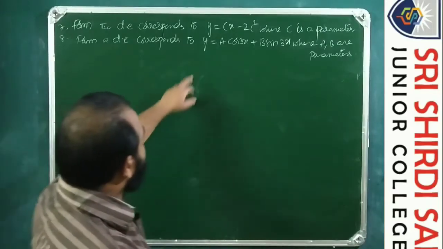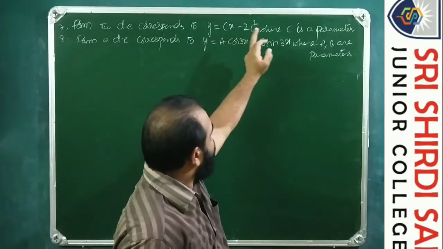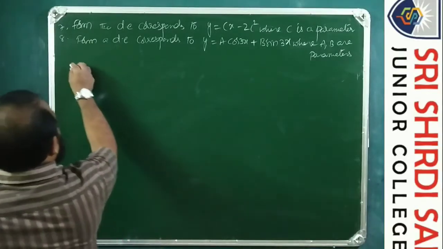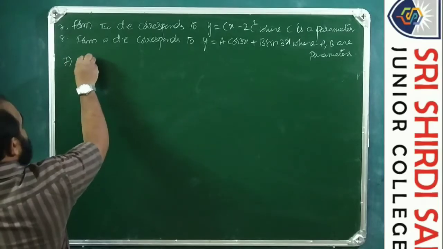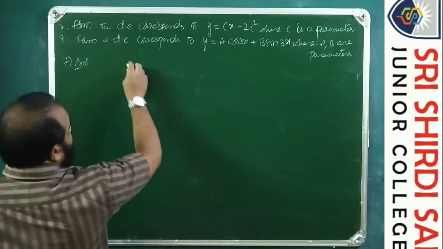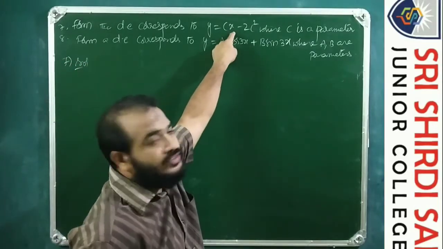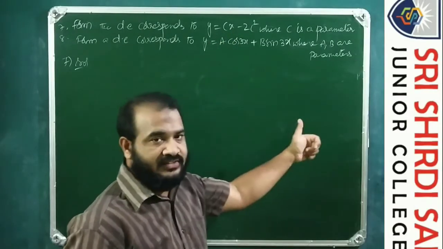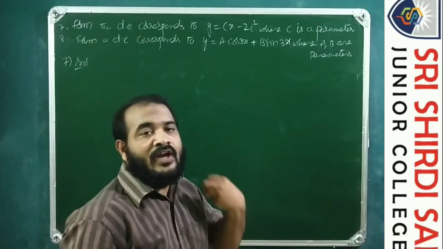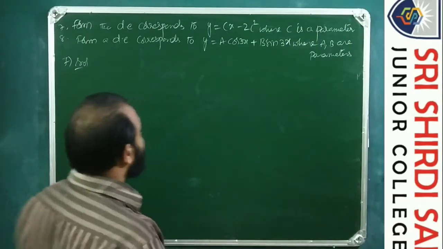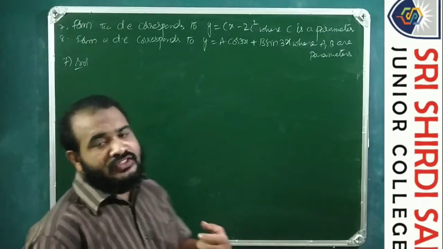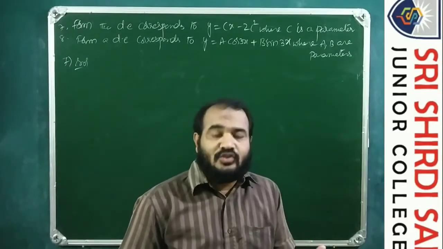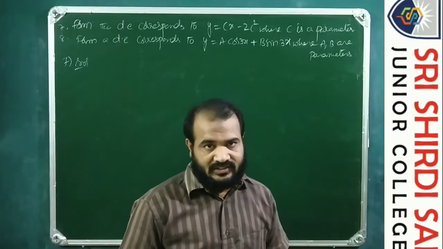Form the differential equation corresponding to y is equal to cx minus 2c square, where c is a parameter or arbitrary constant. Since it has only one arbitrary constant, we need to differentiate it only once, and later we have to eliminate c. Sometimes c will automatically get eliminated, otherwise c has to be eliminated by suitable operations.